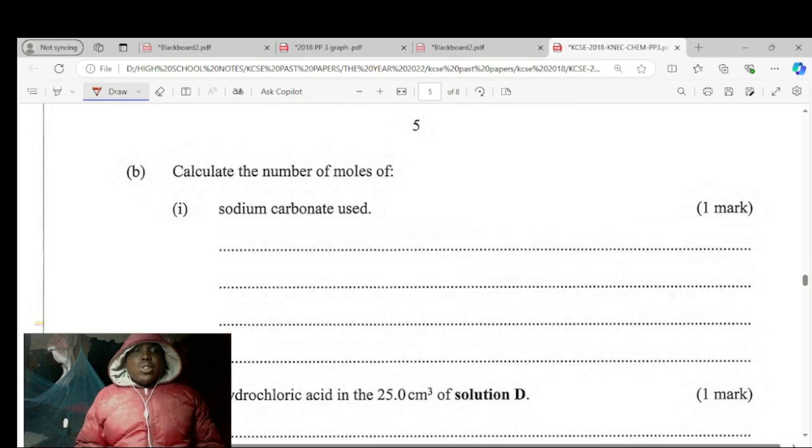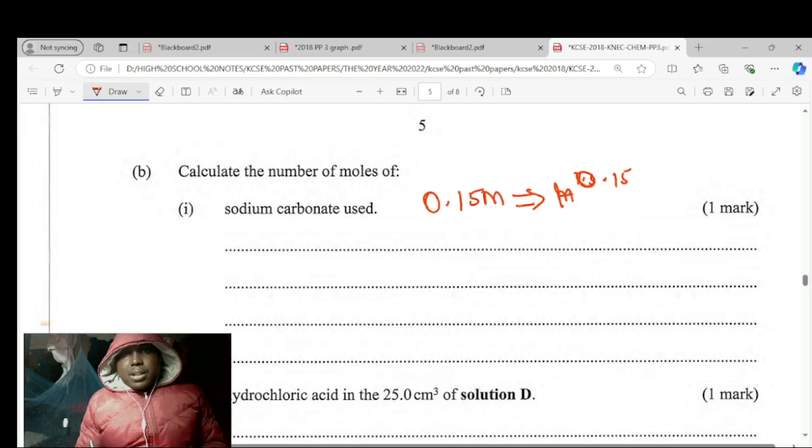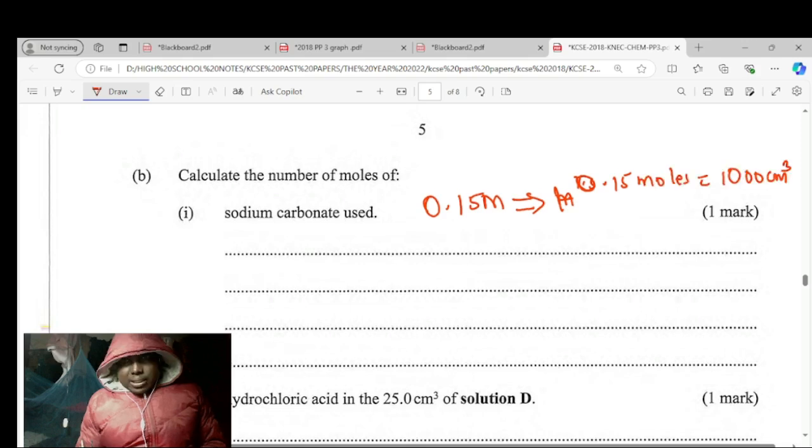Remember, for sodium carbonate we were given 0.15 capital M. Capital M stands for molarity, and molarity is the number of moles in a liter, in 1,000 centimeters cube.